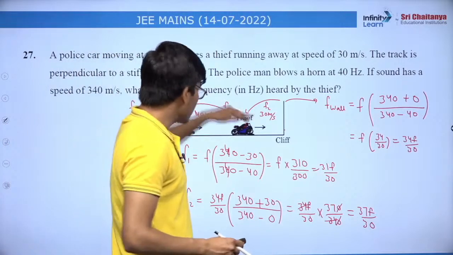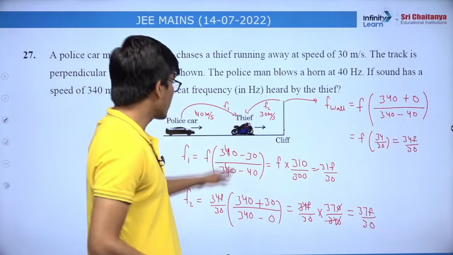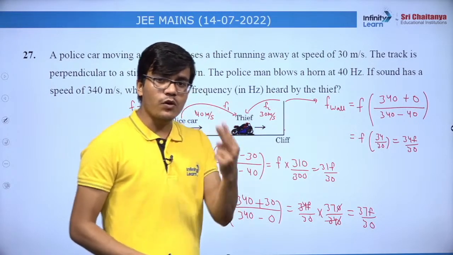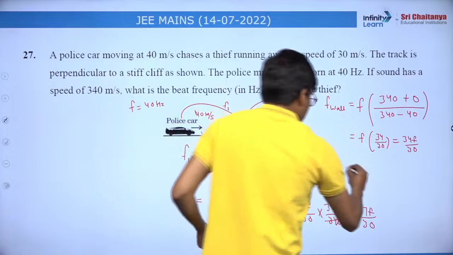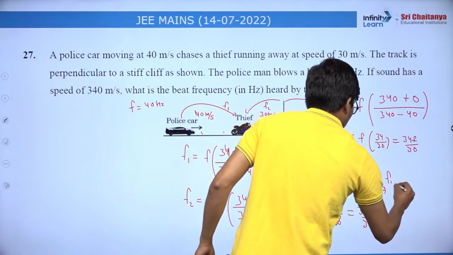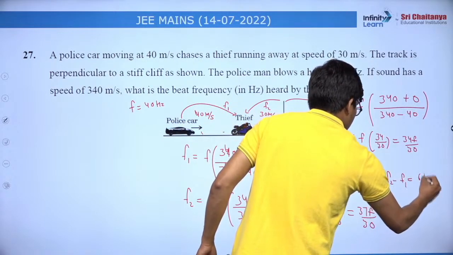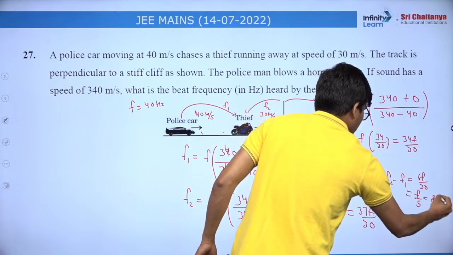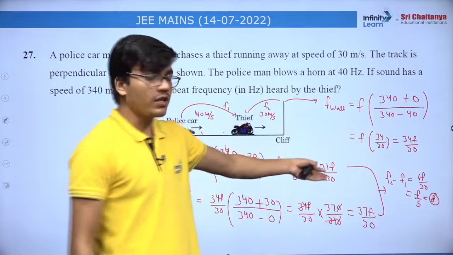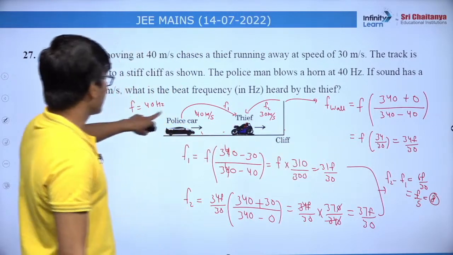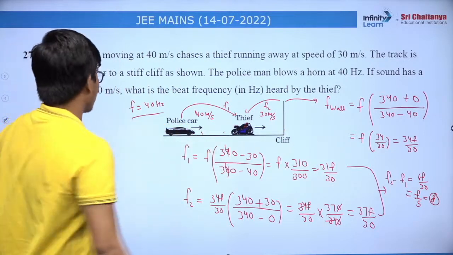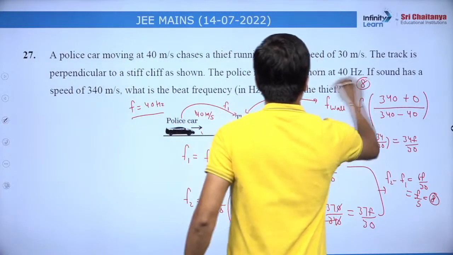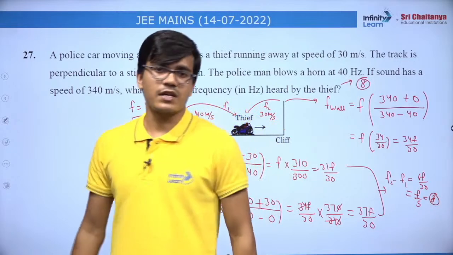This one is directly heard by this thief, and this one is heard by this thief after the reflection from the wall. You want the beat frequency, which means just subtract them. F2 minus F1 will be 6F by 30, that is F by 5, F is 40, 40 by 5 will be 8. So the beat frequency heard by this thief is 8.